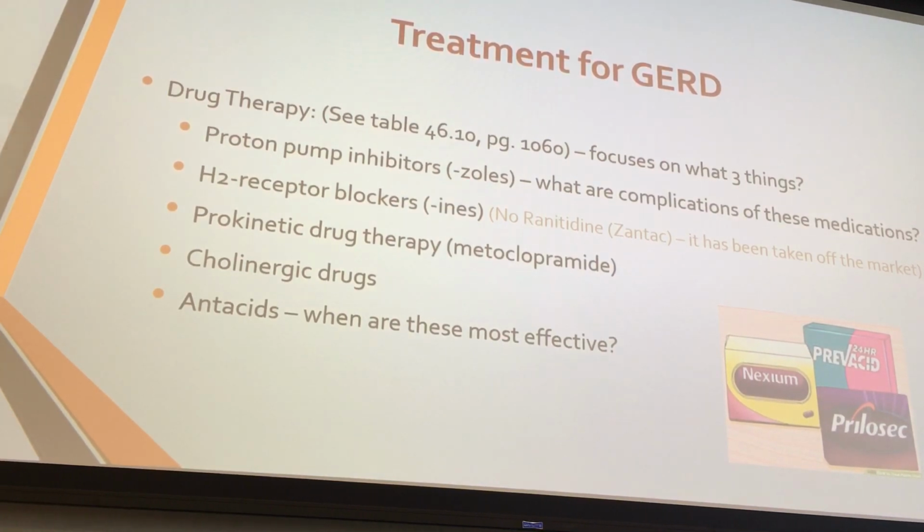With the proton pump inhibitors, the best way to remember is that they end in -zole, like omeprazole, that's one you're going to see a lot, okay? Who knows what some of the complications are of some of these drugs? Kind of general, kind of benign. You can never go wrong with GI upset, right? The question asked you about that? Okay.